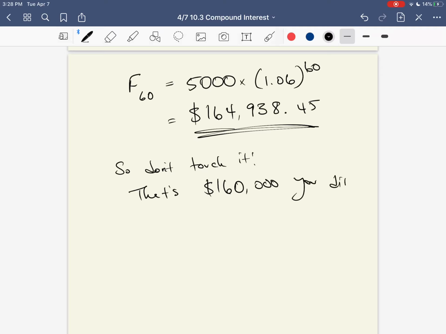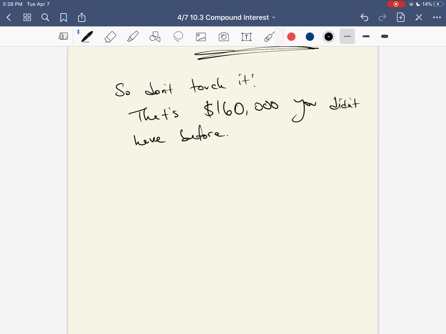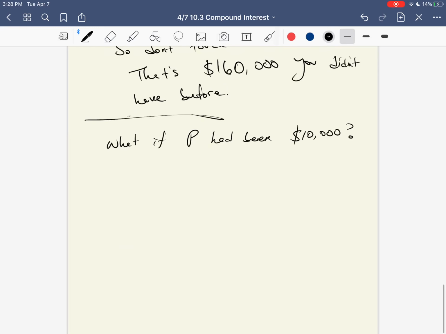You didn't have before. And I just want to show you what happens as we change some things around. So what if the initial investment had been $10,000 instead of $5,000? Well, then let's just do the same old calculation.